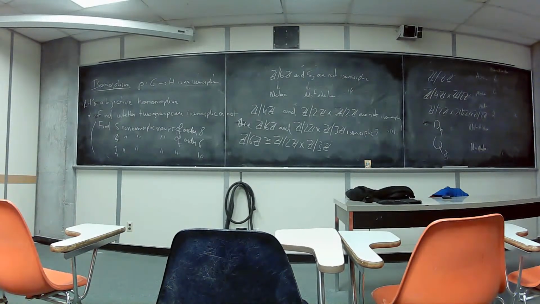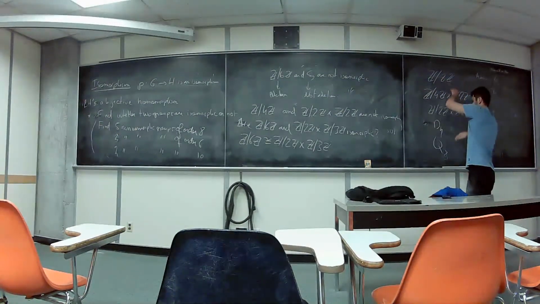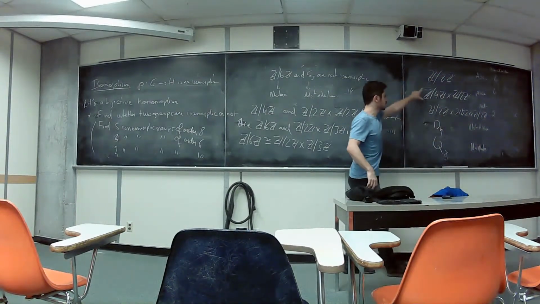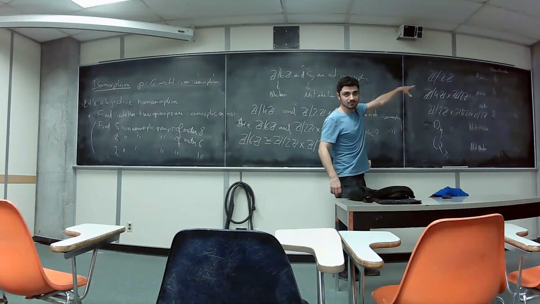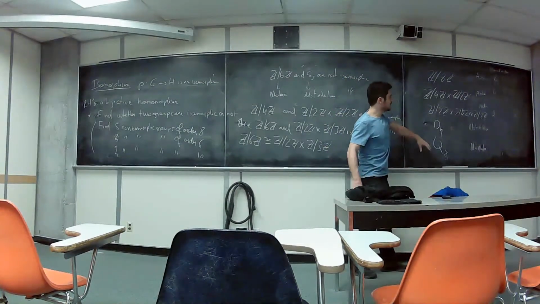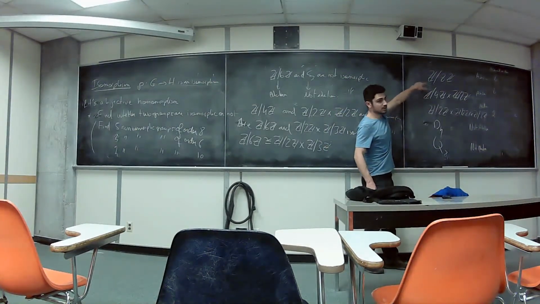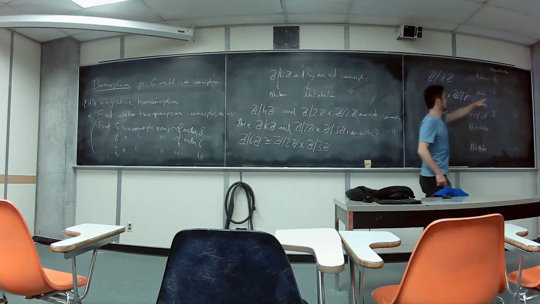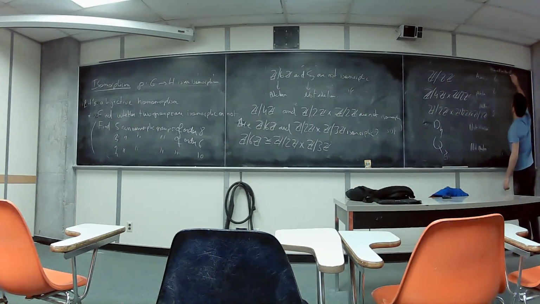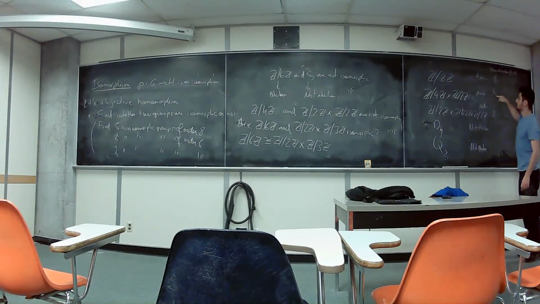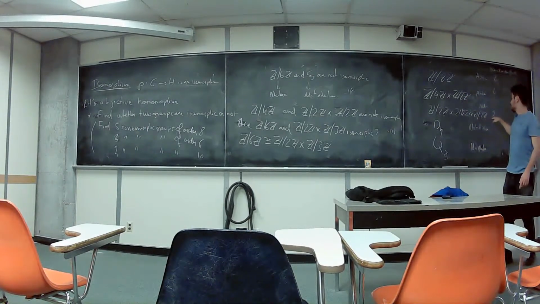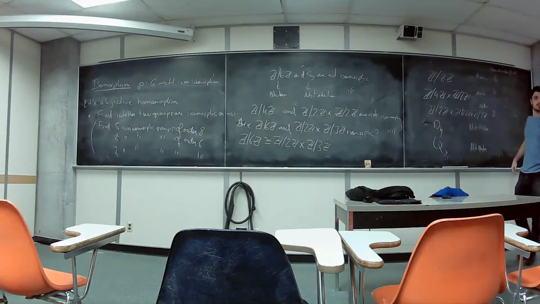So if you pick any one from these 3 and any one from these 2, they won't be isomorphic, because those are abelian and those are not. If you pick any 2 from here, they will not be isomorphic, because the maximal order of an element is 8 for the first; you can find an element of order 4, namely (1, 0), for the second; and here the maximal order is 2.